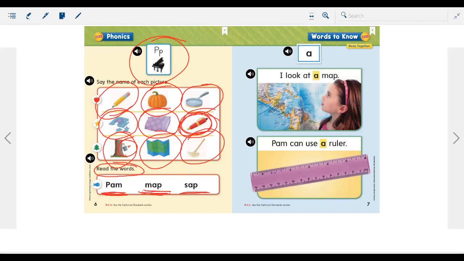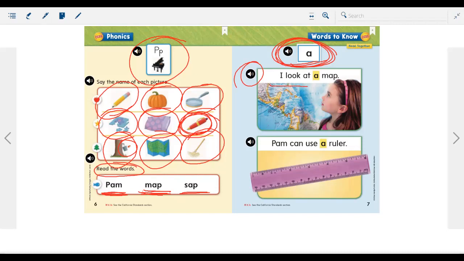Let's read this sentence over here. This is a high frequency word that we're learning, and it's also a spelling word. It is the word A. The word A is also a letter, isn't it? But we're using it as a word.